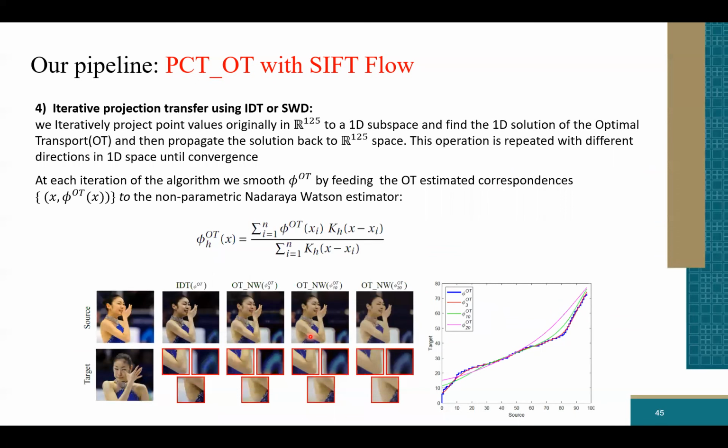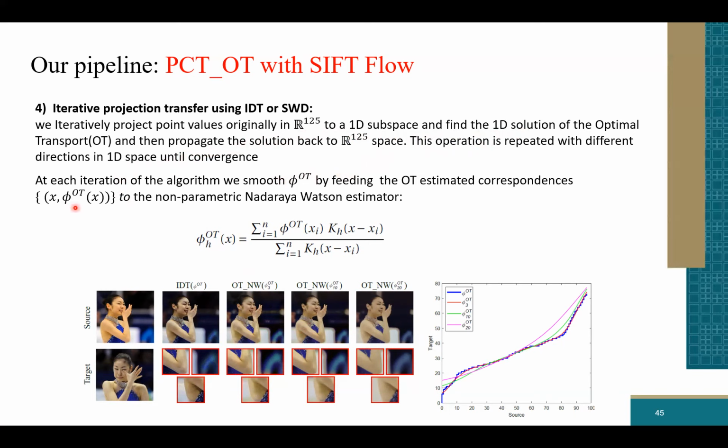Step 4 is the iterative projection transfer. As explained earlier, we iteratively project the points originally in R125 to a 1D subspace, find the 1D solution of optimal transport, and propagate back to the higher dimensional space. And we repeat this operation with different directions in the 1D space until it converges.